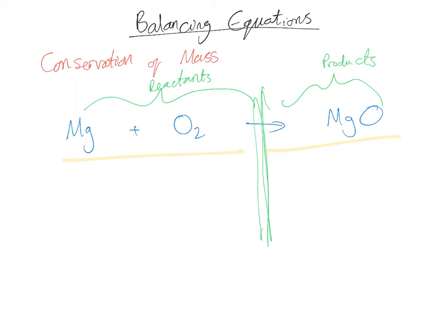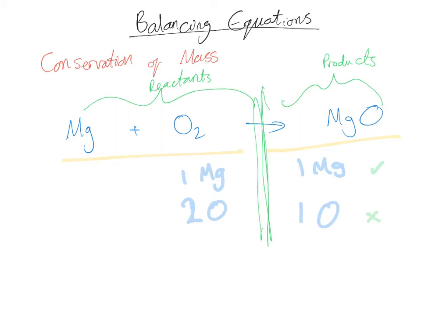So let's start off. I've got one magnesium atom, and I have two oxygen atoms. On this side, I've got one magnesium atom, and I have got one oxygen atom. At the moment, my magnesiums match, but my oxygens don't.